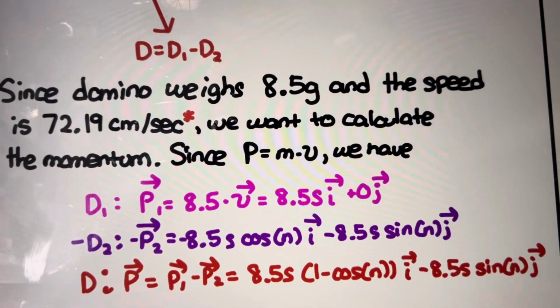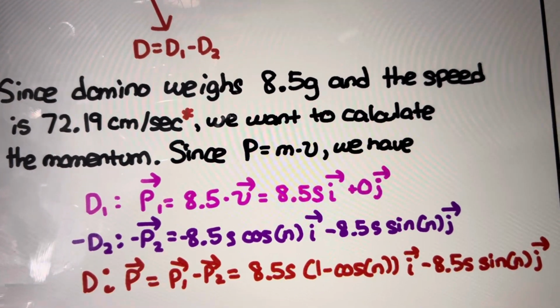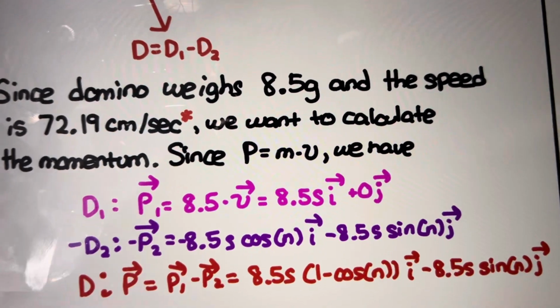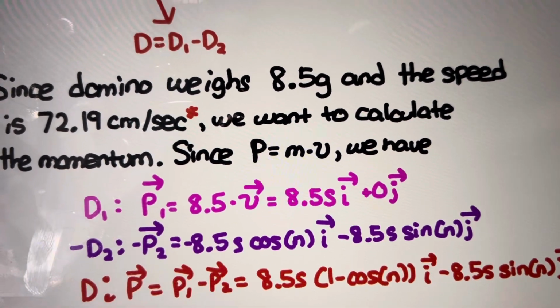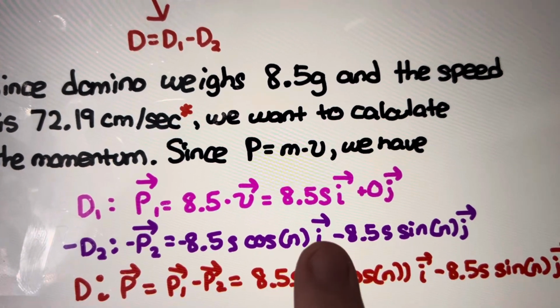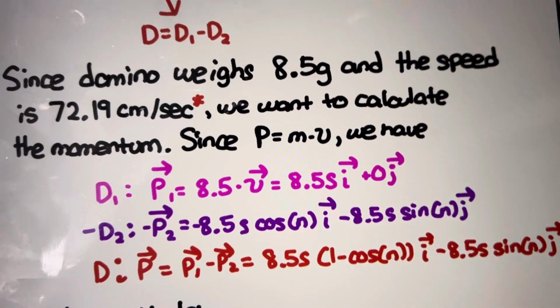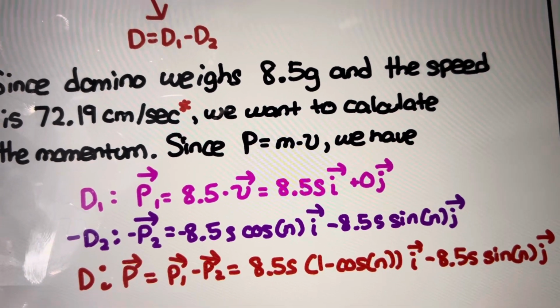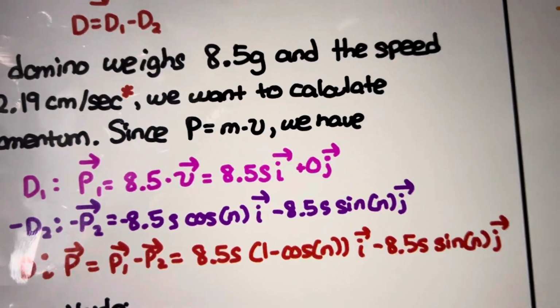But D2, since we have to take the negative direction because of how it actually perceives, we get negative 8.5 s cosine of n. Keep in mind, those are scalars, but not the i and j. Then we add those two vectors up, P1 plus negative P2, and this is what we got.